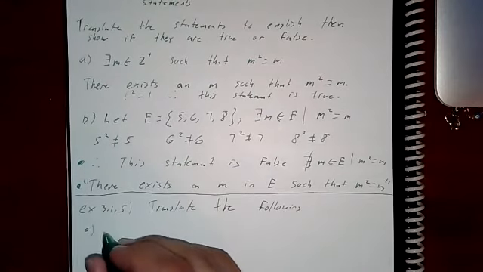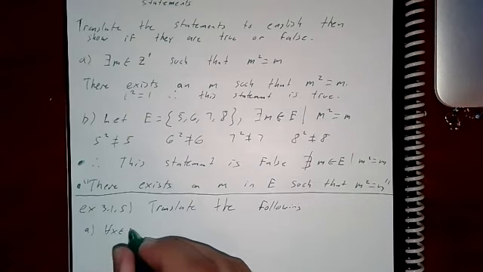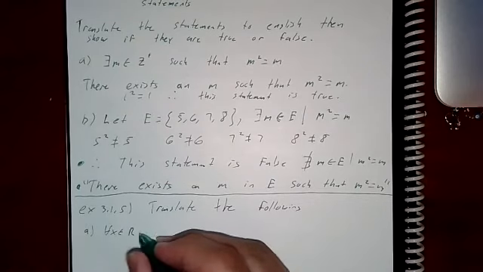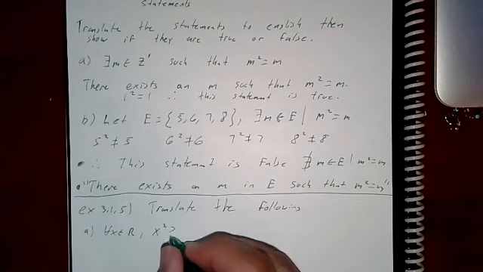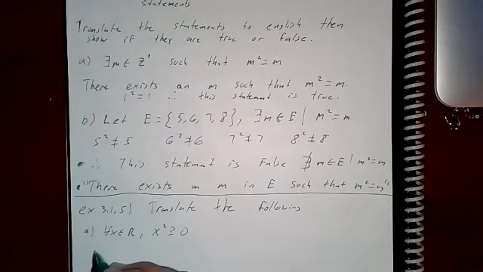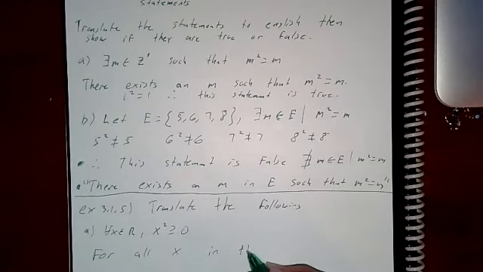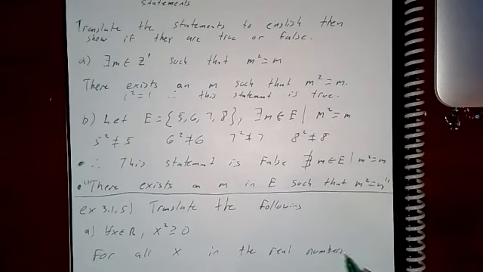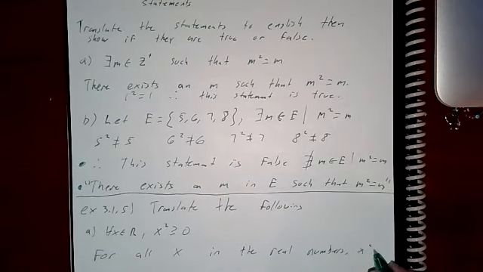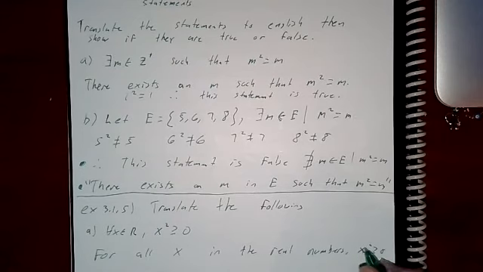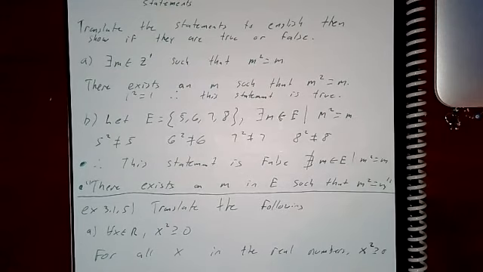I'll just do part A. For all x in R, x squared is greater than or equal to 0, right? So in English, that means for all x in the real numbers R, x squared is greater than or equal to 0. So that's pretty much it. You'll have a couple of homework problems like that.